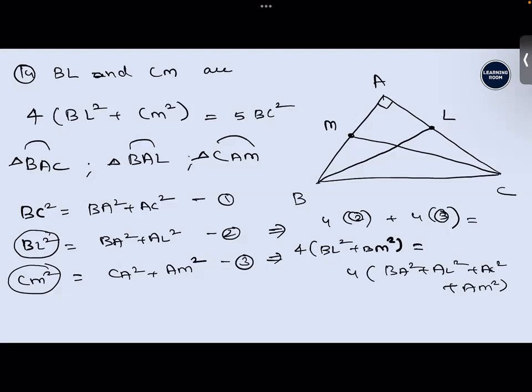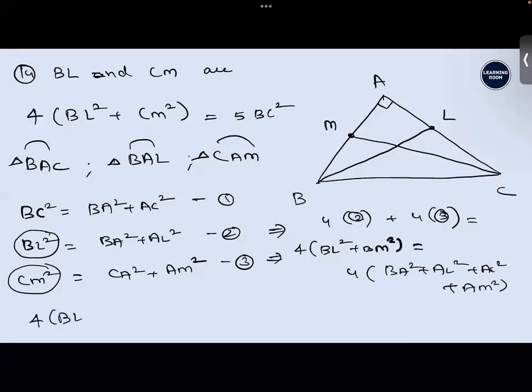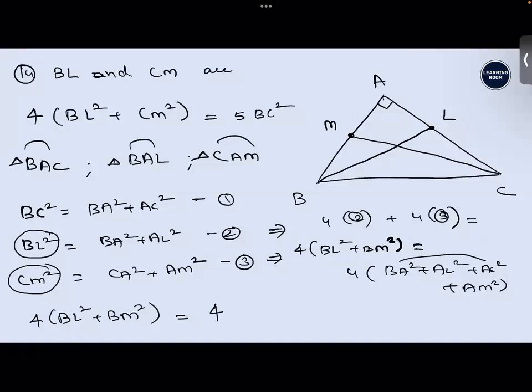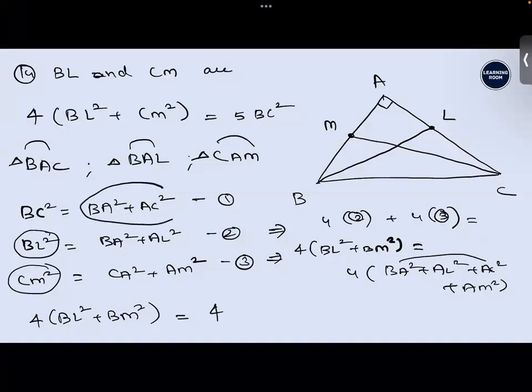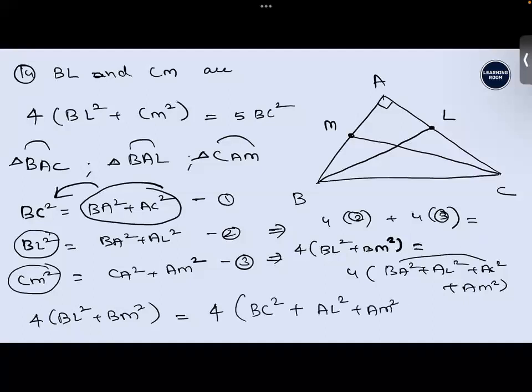So the left-hand side is 4 times BL square plus CM square, equal to 4 into BA square plus AC square, so 4 times BC square, plus AL square plus AM square. So do something to this and solve it.